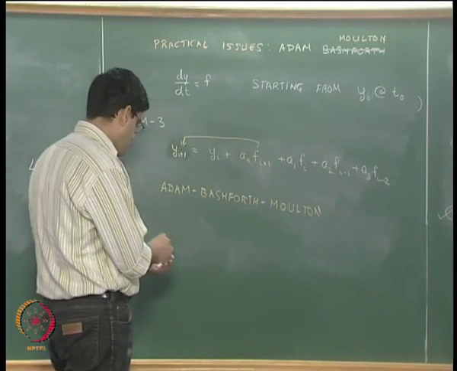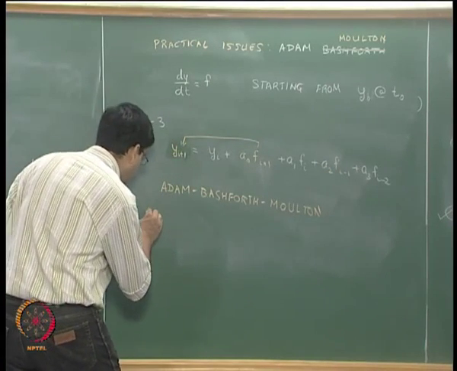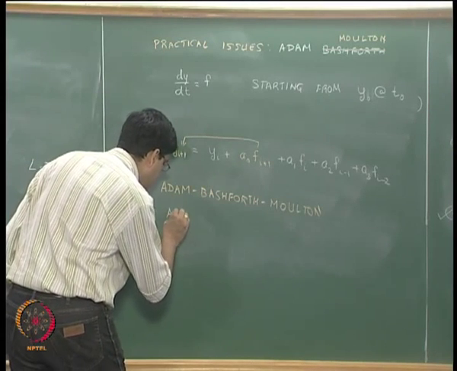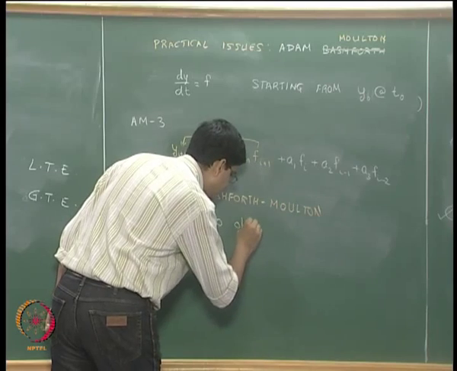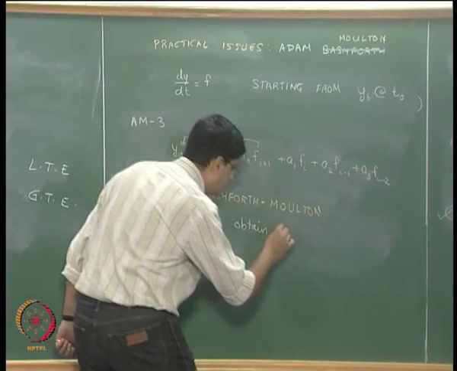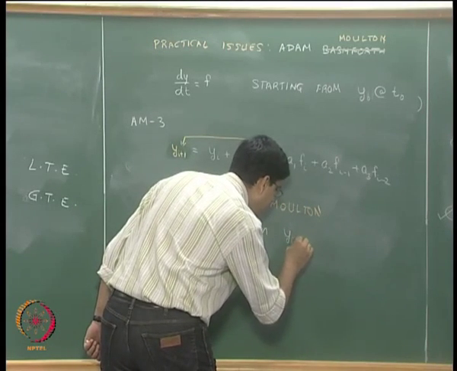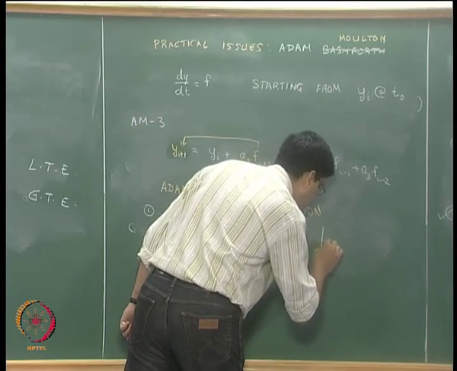So what we do in Adam-Bashforth Moulton method is first use AB4 to obtain y i plus 1 0.